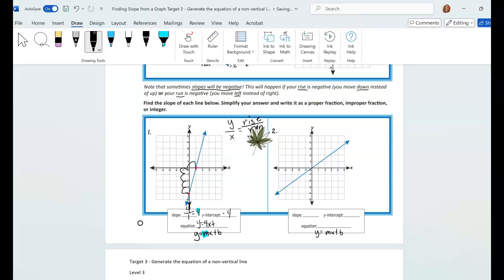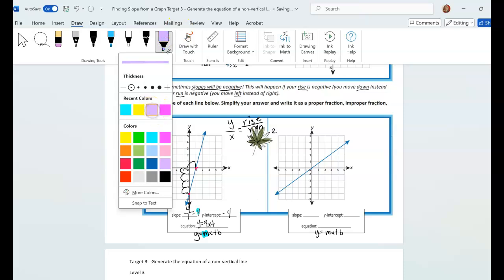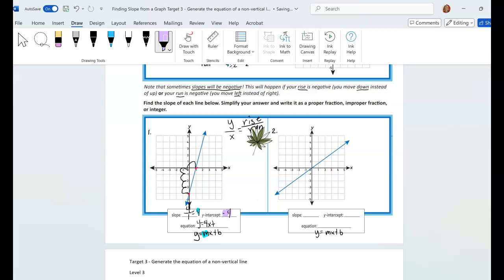X plus, and then what is the y-intercept? It is here, -4. So we're just plugging in -4 there, right? And I'm highlighting them different colors to help us for it to not be so hard.